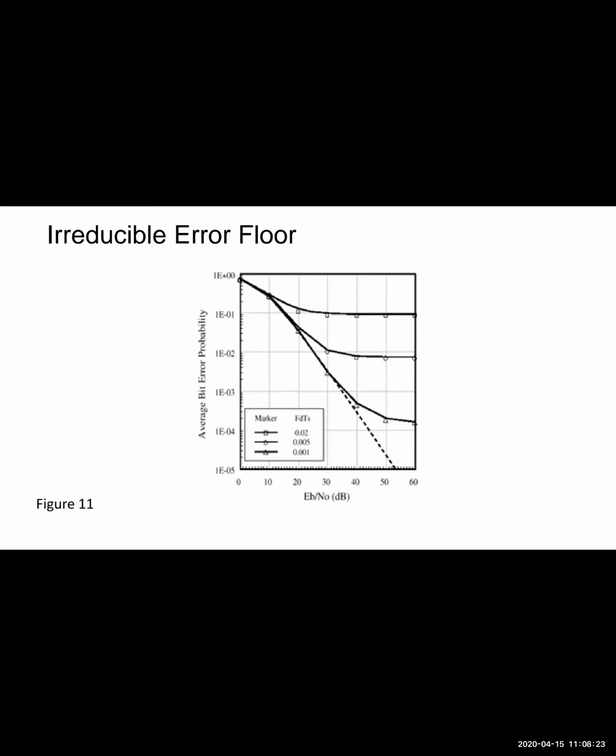Fig 11. Because it is flat, we call it irreducible error floor. That is, you can put any power on it, it will not go down. You get it? Yes. You can increase the transmit power to any value, it isn't going to go down. The bit error rate will not reduce.